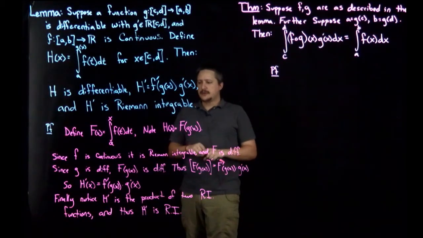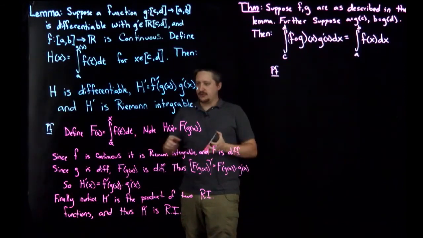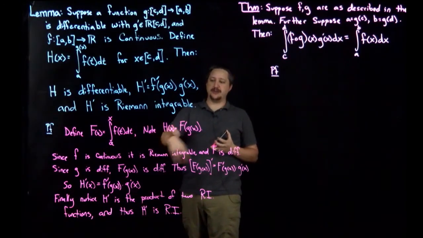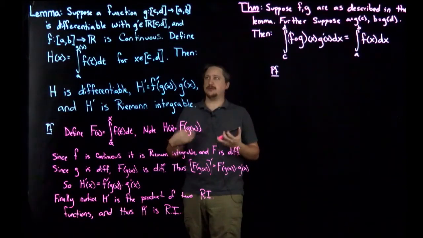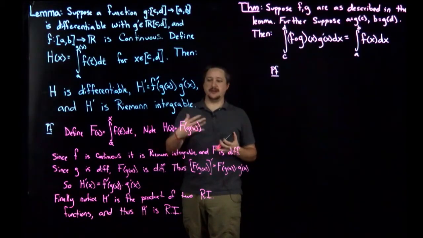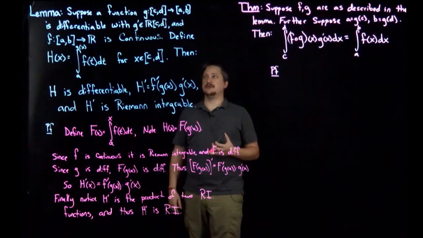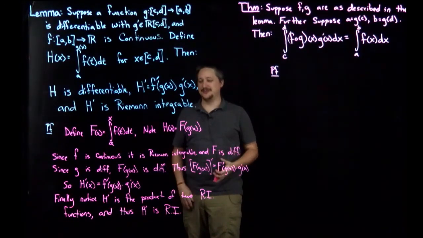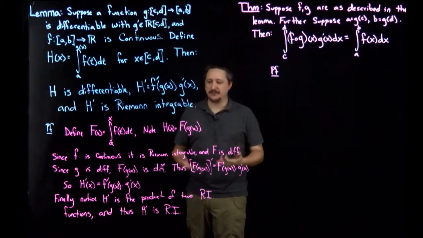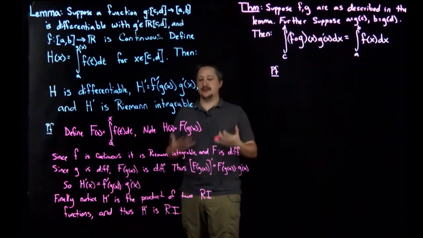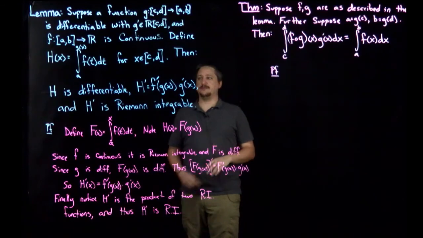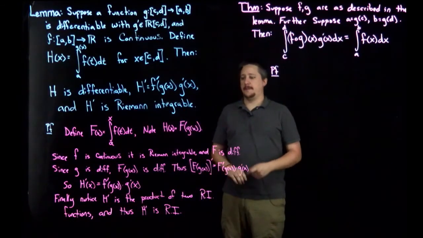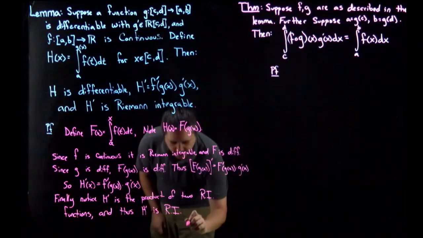So h prime is f prime of g. That's going to be differentiable because g is differentiable, and likewise g prime also is Riemann integrable. And thus h prime is the product of two Riemann integrable functions, so it is itself Riemann integrable, which is what we wanted. All right, so we have our lemma.